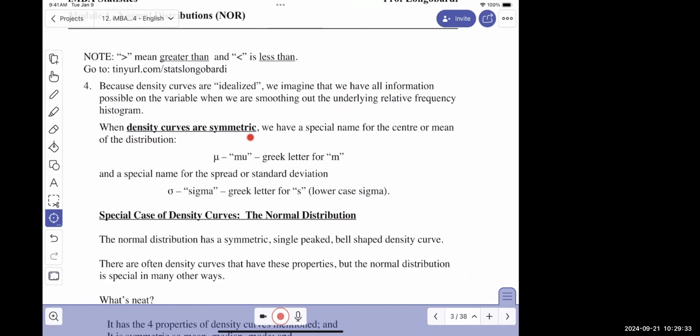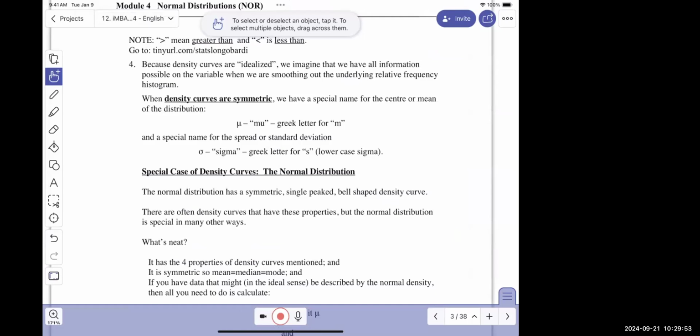When density curves are symmetric, we give a special name to the center as the mean, mu in Greek letters, stands for m, and a special name for the spread or standard deviation, sigma, which is the Greek letter for s, lowercase sigma. Okay, so those are the 4 points in general of density curves.